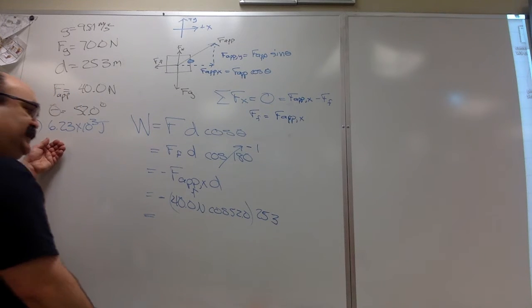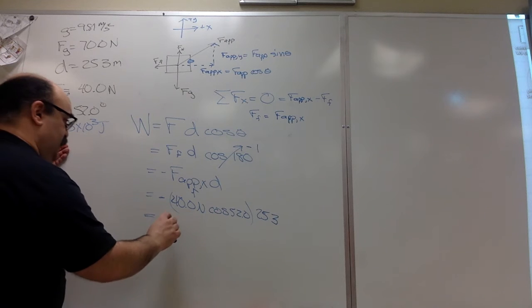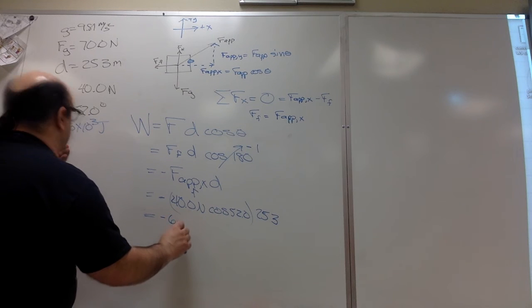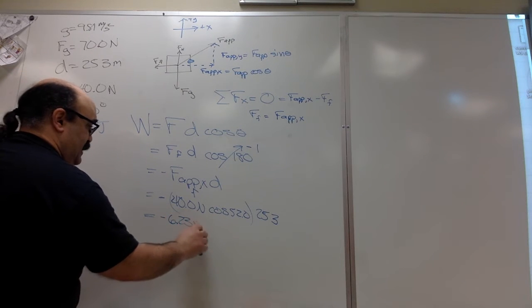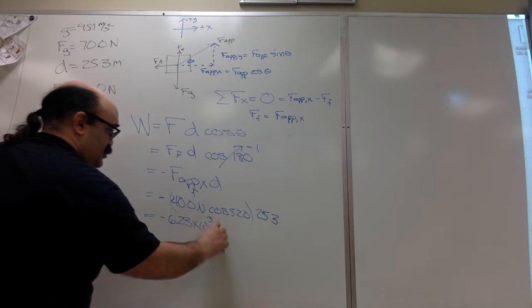I've already told you what the answer should be. If you solve this, you end up getting minus 6.23 times 10 to the third joules.